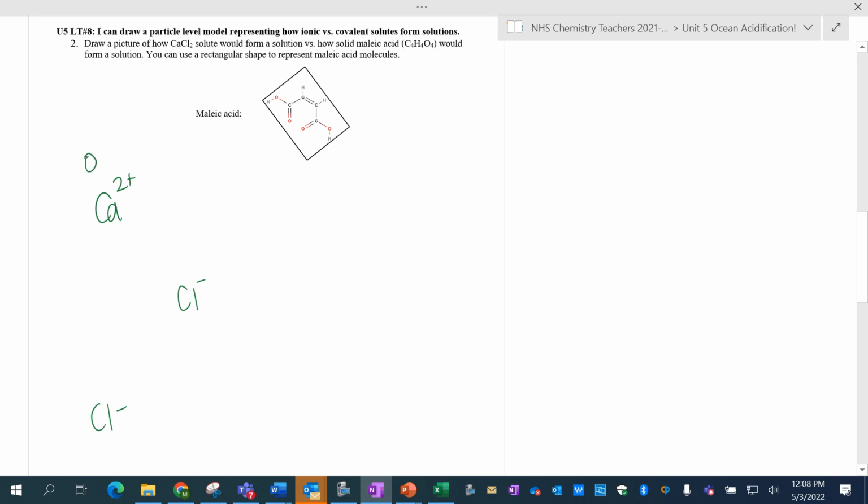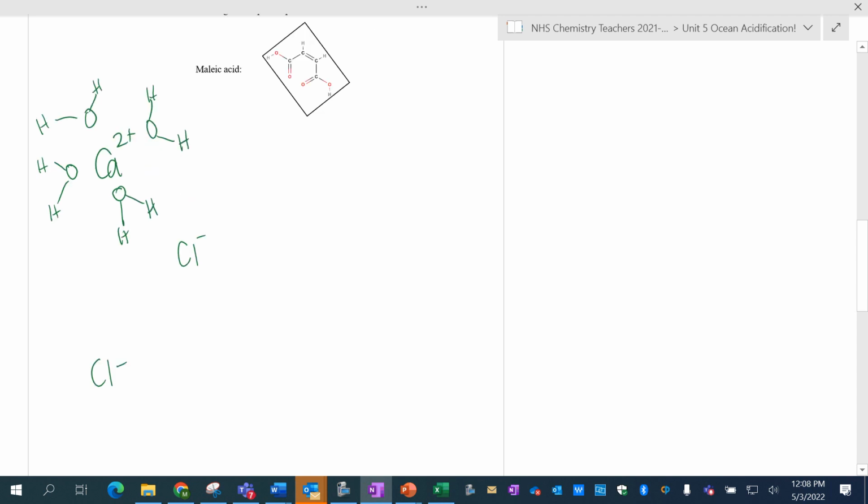And oxygens have a partial negative, so the oxygens in water would pull the positively charged calcium ions away from the chloride ions, and then the partially positive charged hydrogens would point toward and surround the chloride ions. So in solution, both of these would be surrounded.